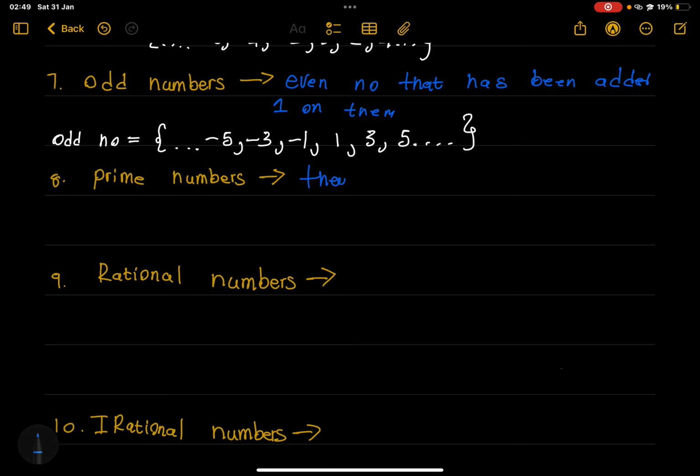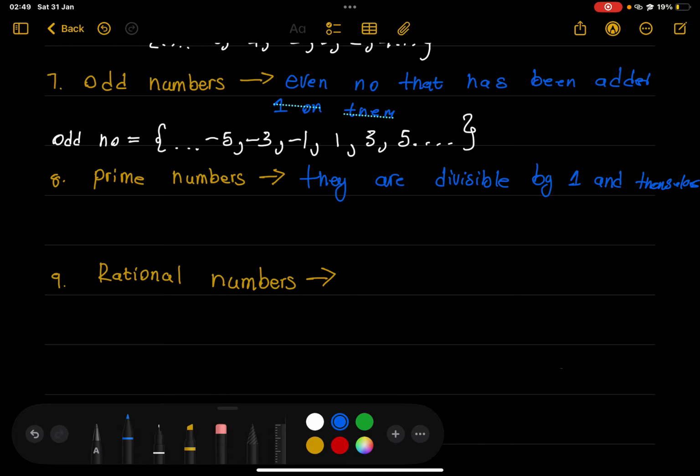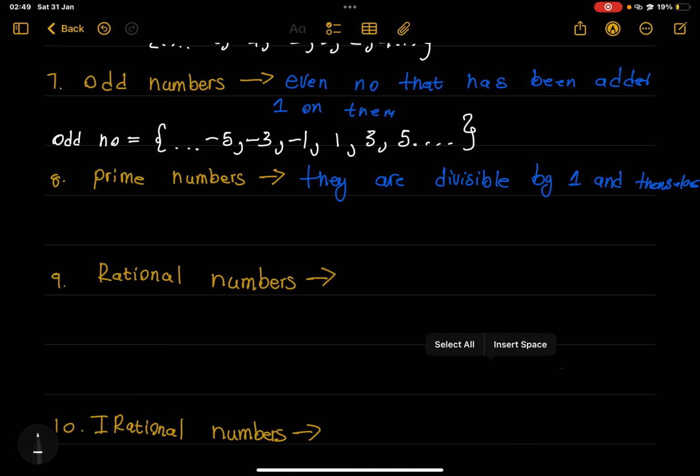They are divisible by 1 and themselves. Or you can say they have a factor of 1 only. Understand? They have a factor of 1 only.